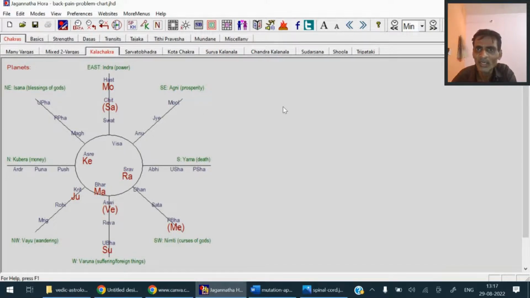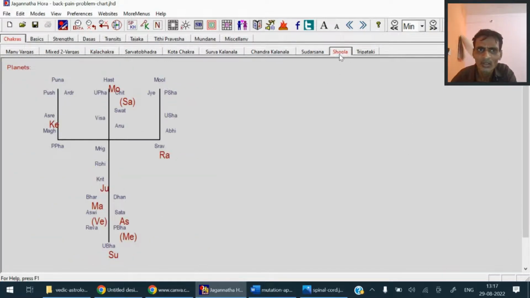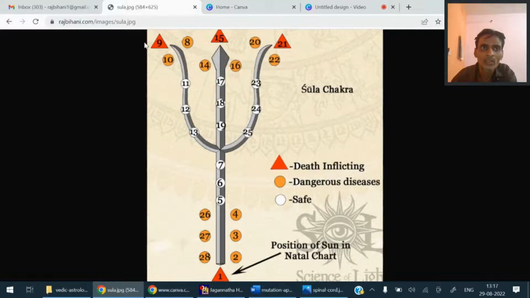Now we can analyze the Sula chart. Here is the Sula chart. First, let's look at the default chart for the Sula Chakra. As you can see, in Sula, 9, 15 and 21, these extreme points, are death inflicting.